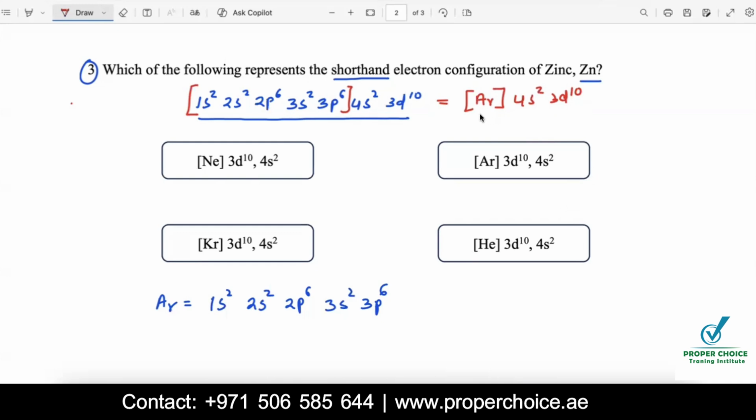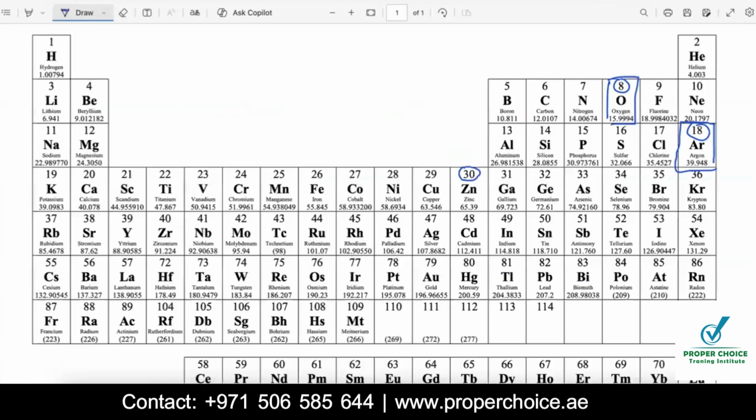According to that, which one is the right choice, which one matches what we got now? That is option B. So how do I predict this whenever they ask you for the shorthand notation? Recognize which period that element belongs to. So the element belongs to period 3, and look at the previous noble gas of that element. Sorry, zinc belongs to period 4, not 3. It's in the fourth period.